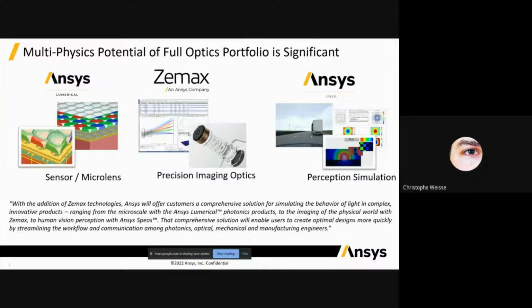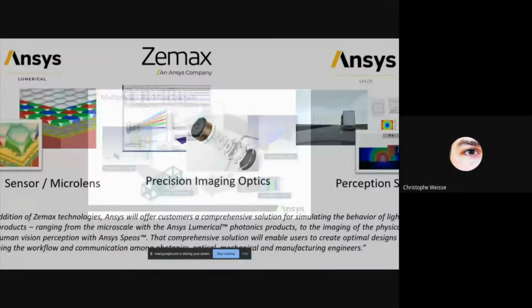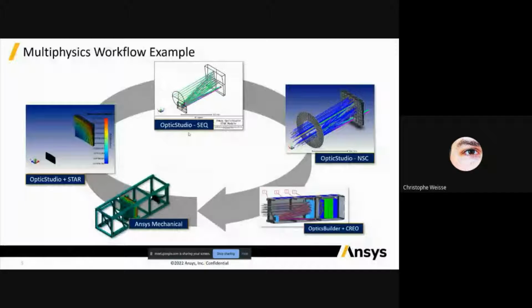I won't list them all here because the ANSYS portfolio is pretty large. I think we have like 80 plus different software packages. Of course, the integration has started. From a Zemax product point of view, it started quite well with the STAR module, which bridges the gap between FEA tools and OpticStudio.